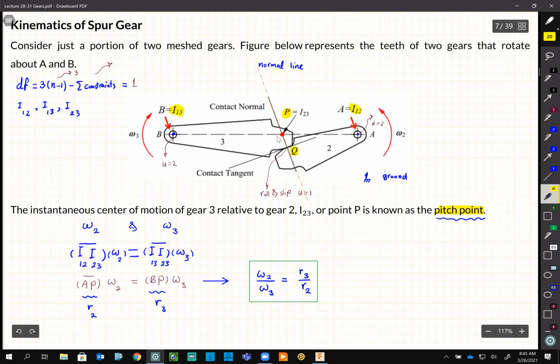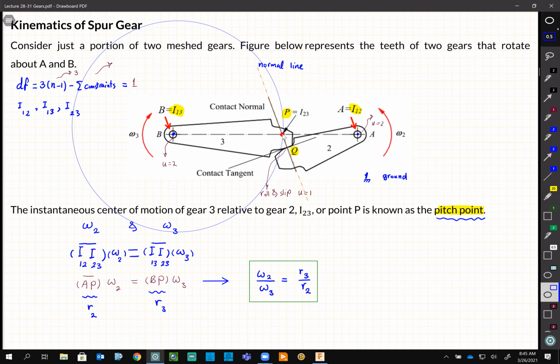And this pitch point P, if you remember, was that point that we said 2 circles are rolling against each other, right? So these 2 gears, then if I want to show them, let's say there are 2 circles, one like this circle 3, and another one like this circle.